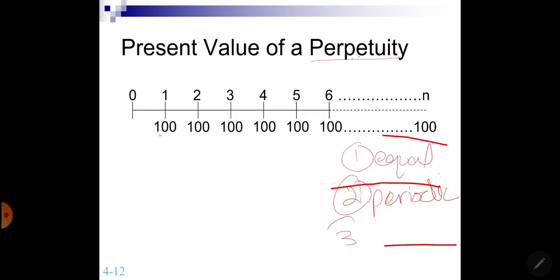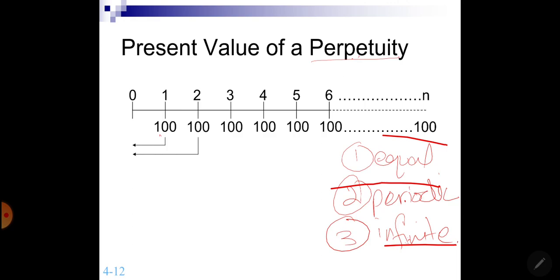The difference is in the third characteristic. Perpetuity is for an infinite cash flow. So annuity is equal, it is periodic, but it is for a finite cash flow. It means you know when the payment for an annuity is going to end, but you do not know when the payment for a perpetuity is going to end.